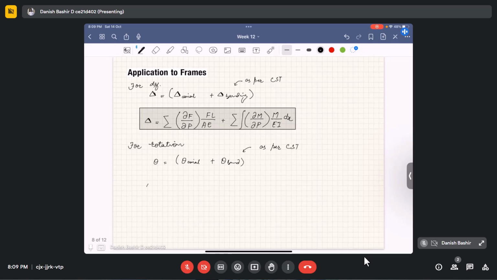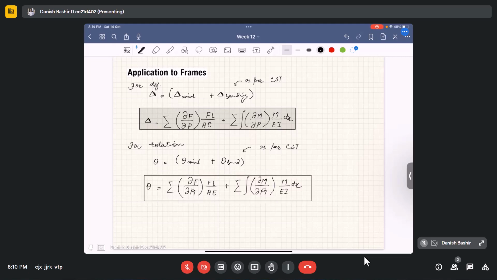So we can directly write theta for our frame member as a summation, since there are a large number of members. Dou F by dou M bar, taking the partial derivative with respect to the applied couple, times FL by AE. Again I am using M bar here. And for beams, it will be the summation over all the beams of the integral of dou M by dou M bar times M by EI dx.